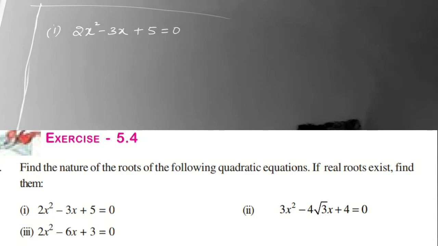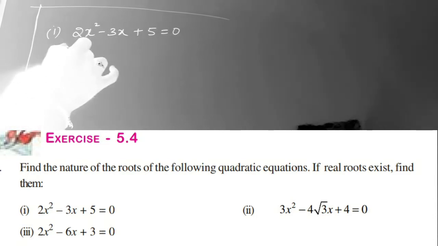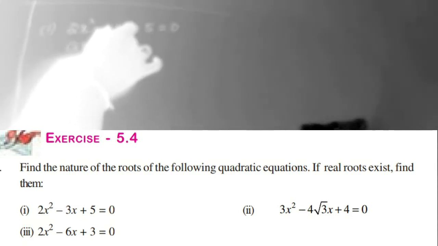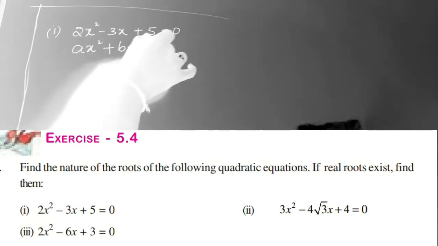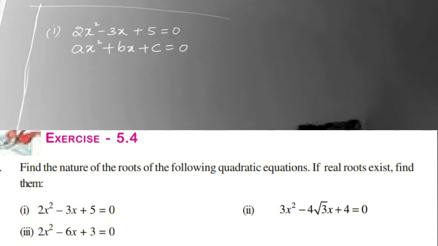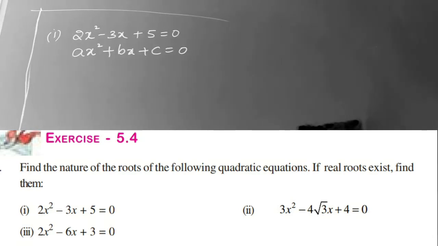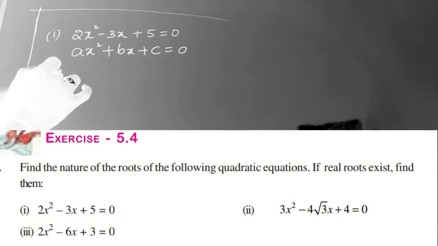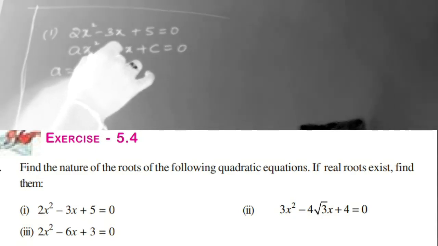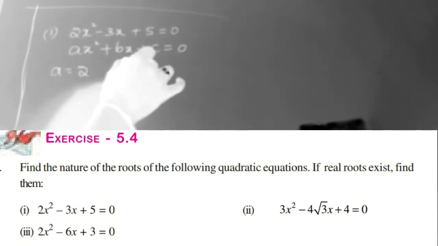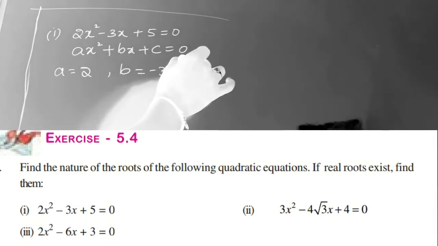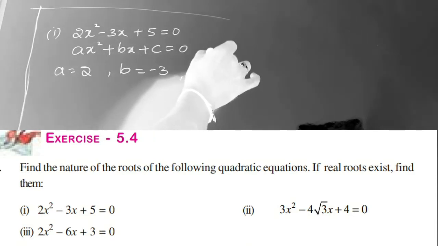So here it is in standard form, ax square plus bx plus c is equal to 0. So here a value is nothing but 2, b value is nothing but minus 3, c value is nothing but 5.